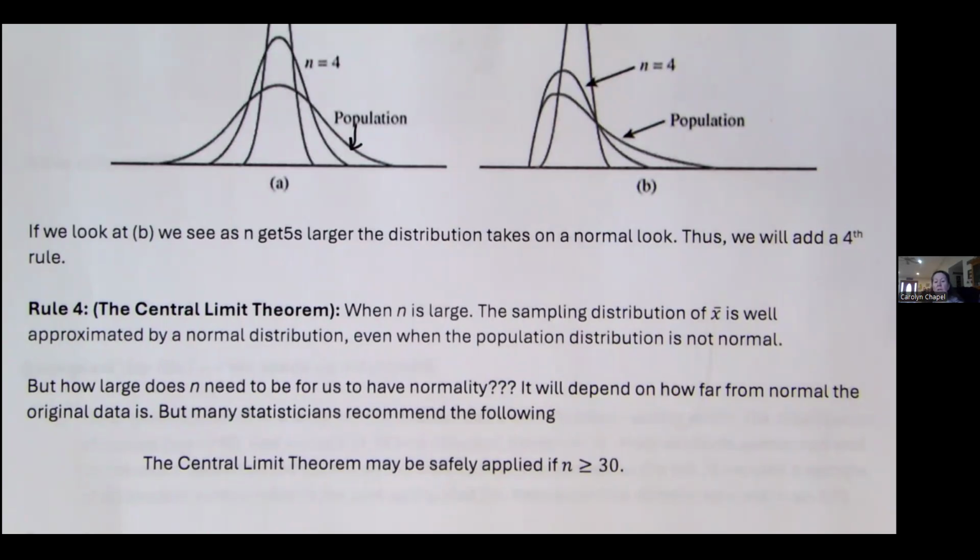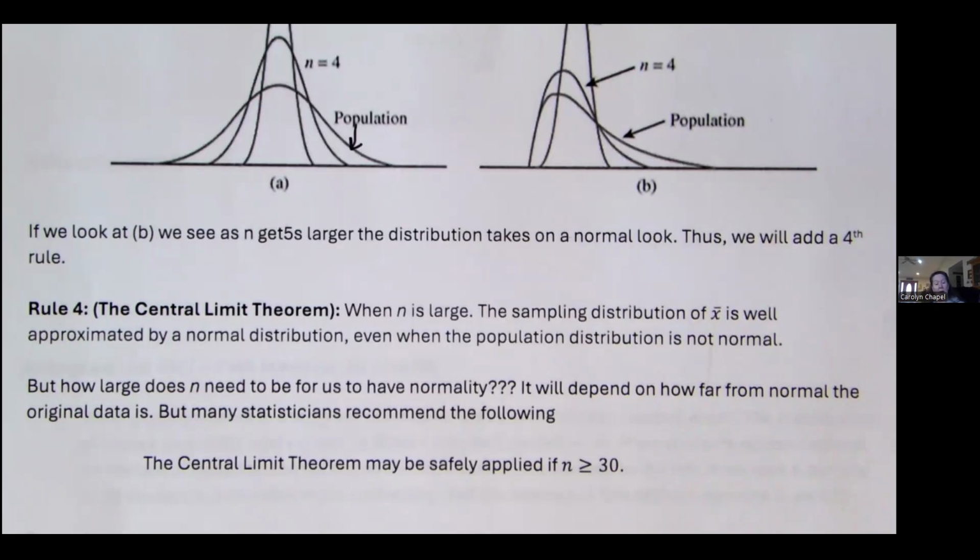So no matter what the original population is, how it's distributed, whatever its original curve looks like, uniform, bimodal on two ends, who knows? Eventually, the samples will tend to look normal.